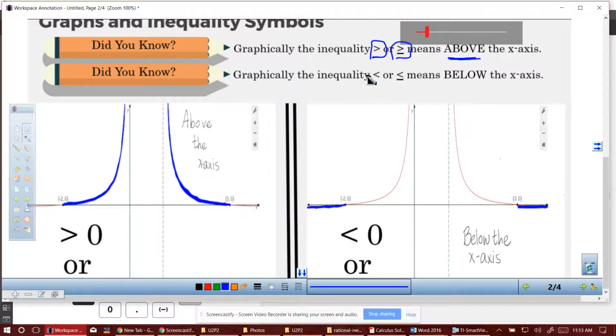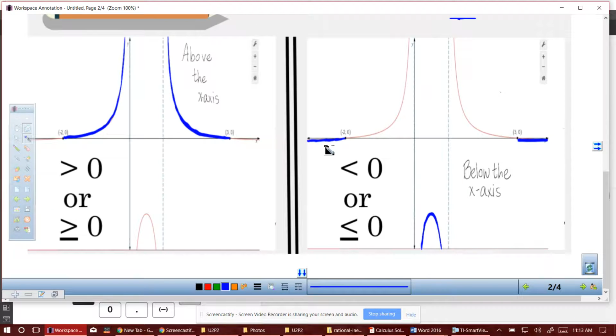And if it's negative right there, then I want below. So I've marked on the picture right there where it's below. So you can see that little piece right there. And then I've put there, remember, at 0 and 1 were the two asymptotes. And then here were the two solutions that I found. Okay, so that's how I look at a graph when I'm comparing it to 0. But notice the comparisons are always to 0. So that means all the terms need to be on one side of your equation.